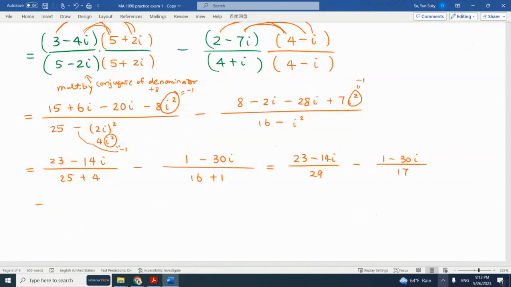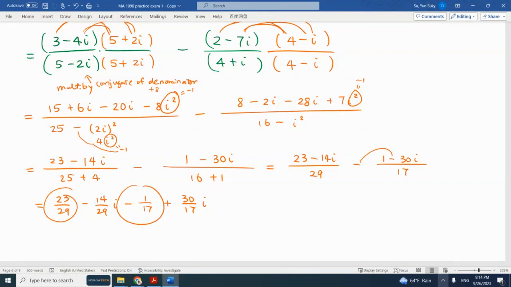Okay, now you break them. So 23 over 29 minus 14 over 29 i, minus 1 over 17. And then when you distribute, minus becomes plus 30 over 17 i. Okay, you add the components together.